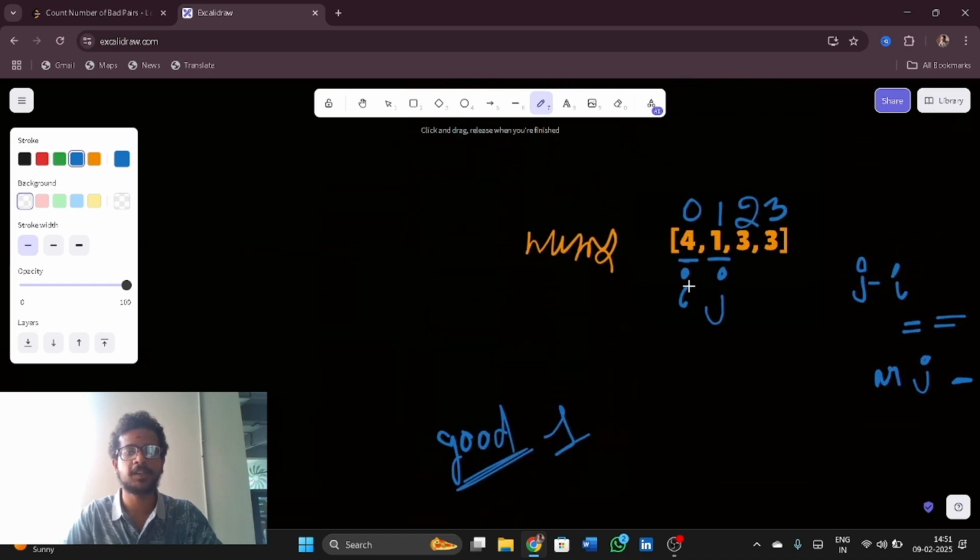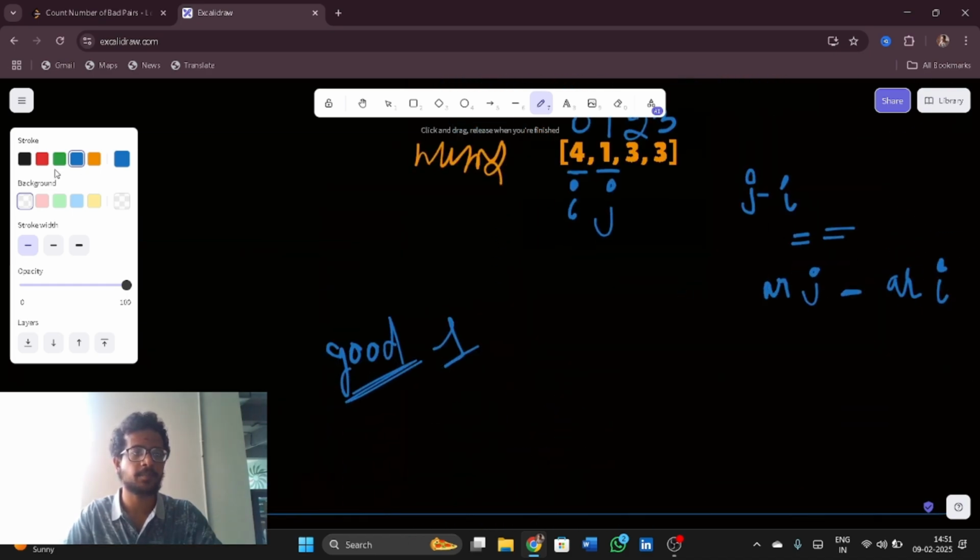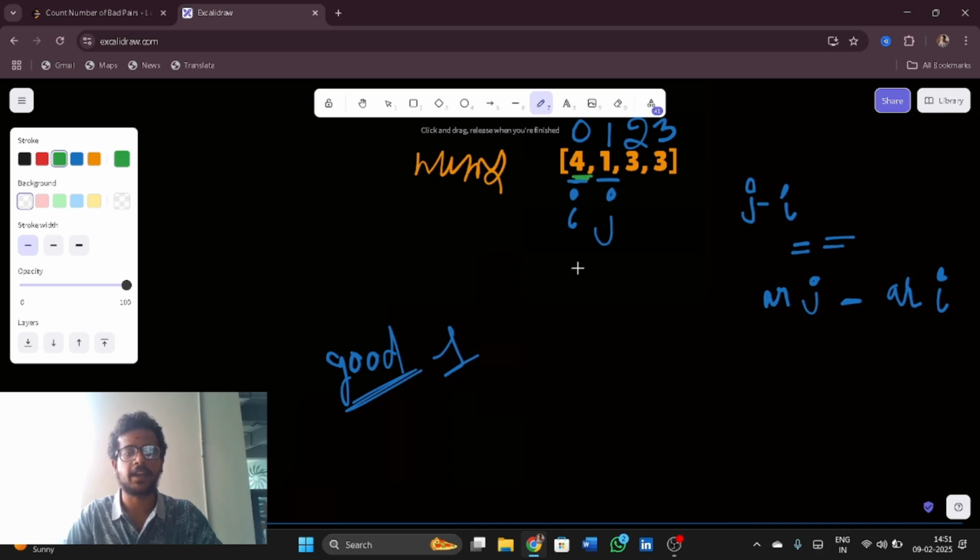But here, I'll be doing the same thing. 4 is at index 0. 4 minus 0 is 4, and 1 is at index 1, so the difference is 1 minus 1, which is 0. And 3 is at index 2. Now 3 minus 2 is 1. Then 3 is at index 3. 3 minus 3 is 0.